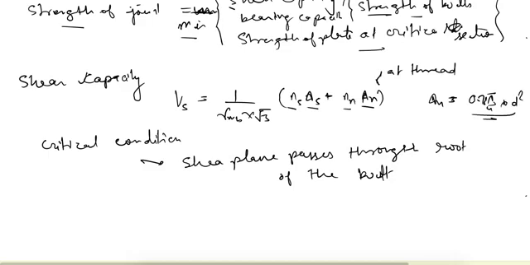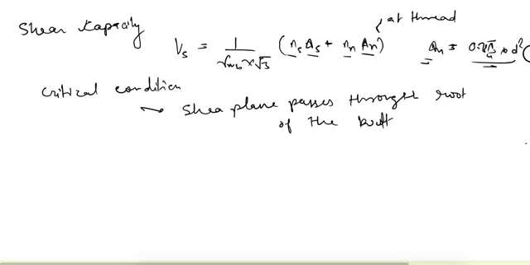So this gives us the less area of the bolt, and using this we can calculate the shear capacity. If it is given that the shear plane passes through shank, then you can take as shank, but if nothing is given, you should take it as passing through the thread of the bolt.